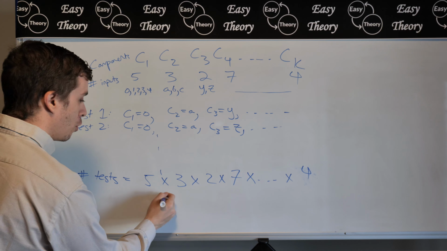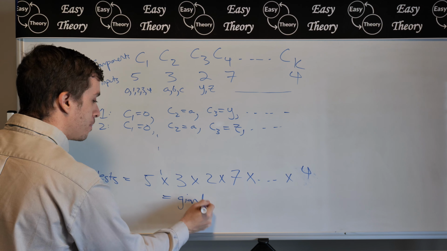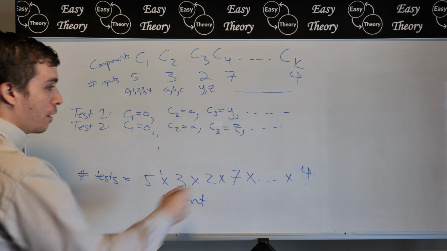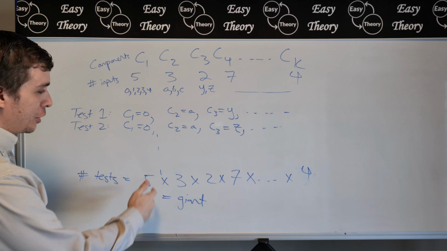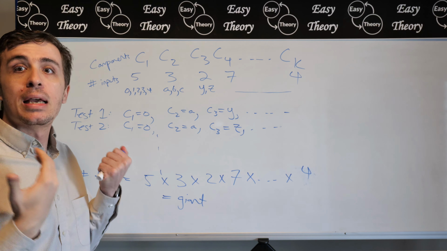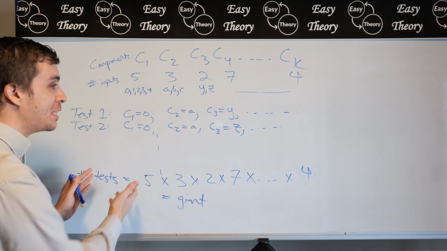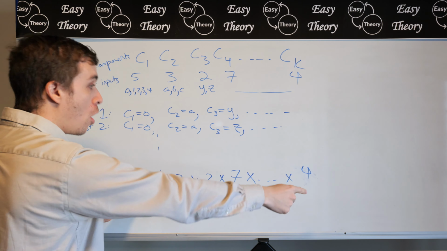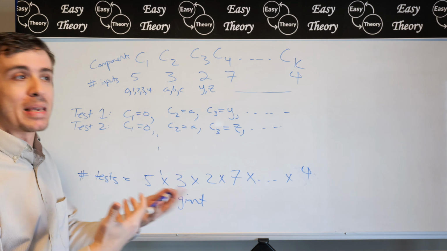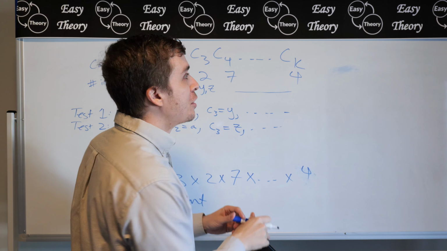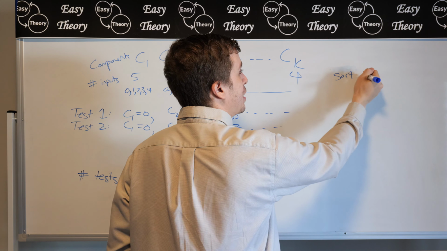And so this is going to be a gigantic number because the number of components could be huge. And so the number of possible inputs can also be huge, and therefore the total number of possible tests that we can run is the product of all of these numbers, and that's going to be even worse. So as a practical example, let's look at the sort function in Unix.